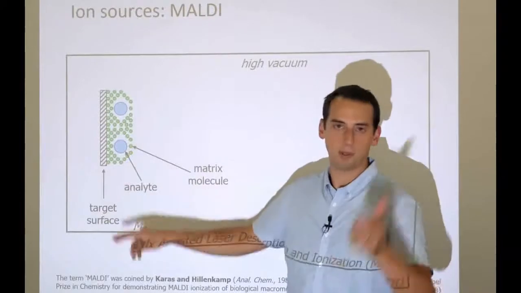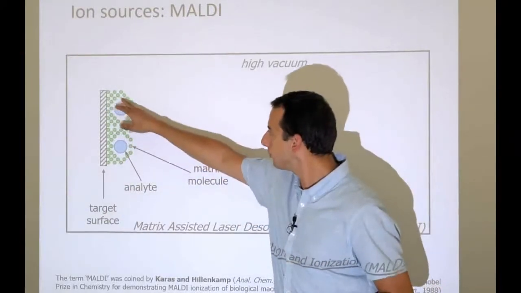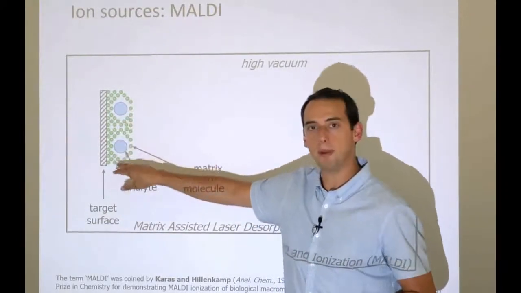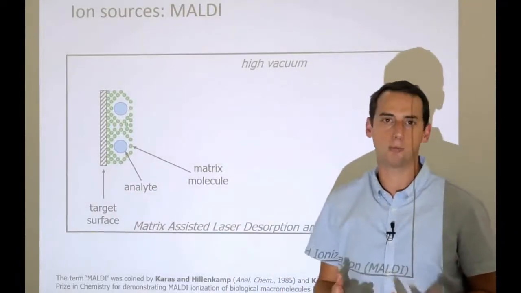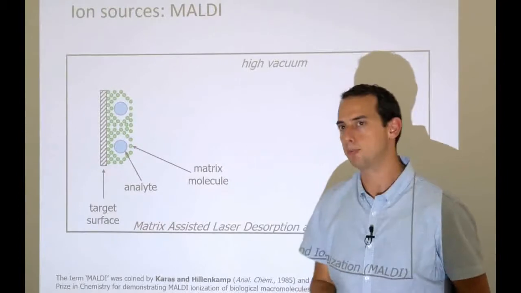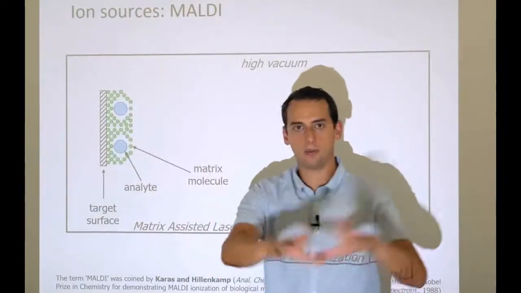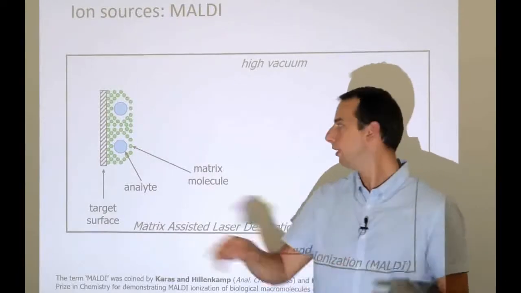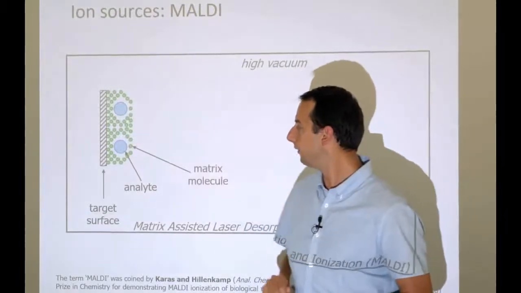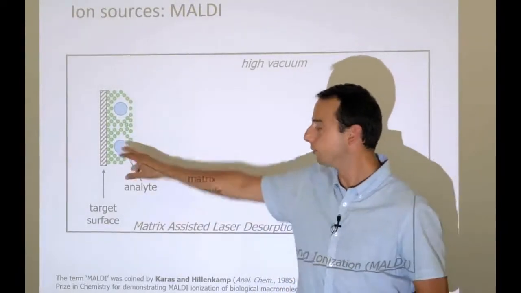And there you deposit, with a pipette, a small amount of your sample, and remember sample is in blue, along with a chemical known as a matrix molecule. And there's lots of matrix molecules here, and they spread out through your sample, and they make a kind of mesh of sample molecules, analyte, and matrix molecules.